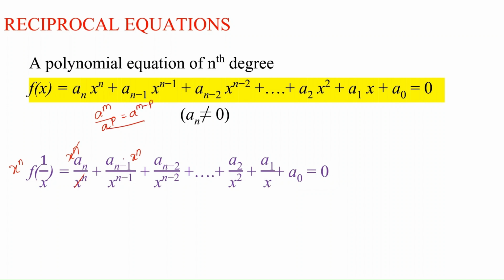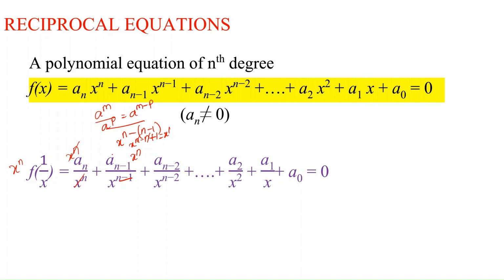Using this, we have to simplify the terms, that is x power n minus the degree in the denominator, which is n minus 1. So we'll use that. This is x power n, minus of minus is plus 1. So n cancels. This leaves x power 1 as the resultant.